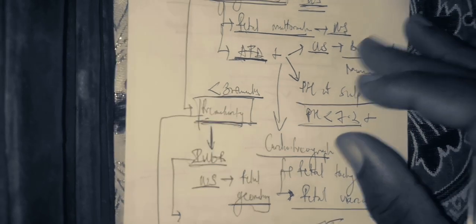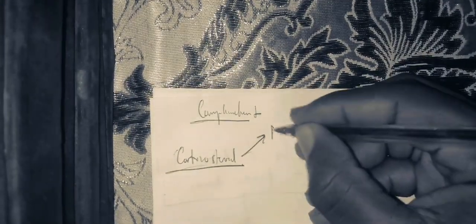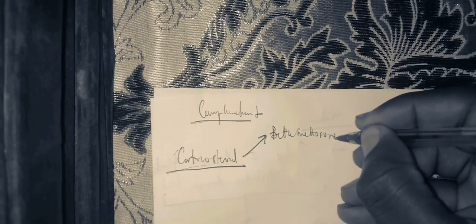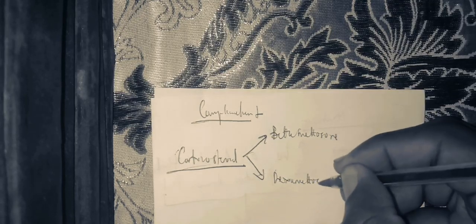Is it clear? And how do you mature the lungs? For lung maturation, we use corticosteroids. You can either use betamethasone or dexamethasone.